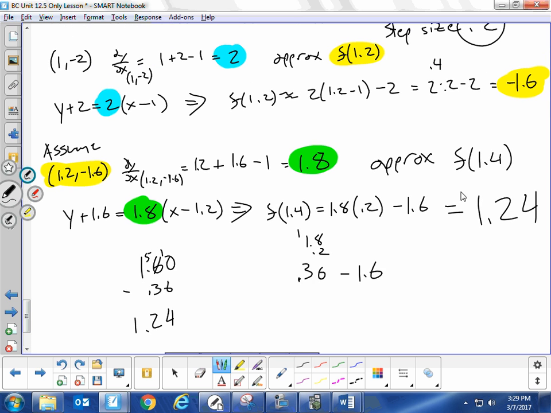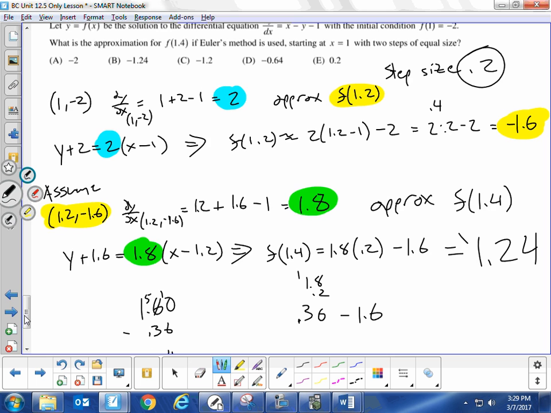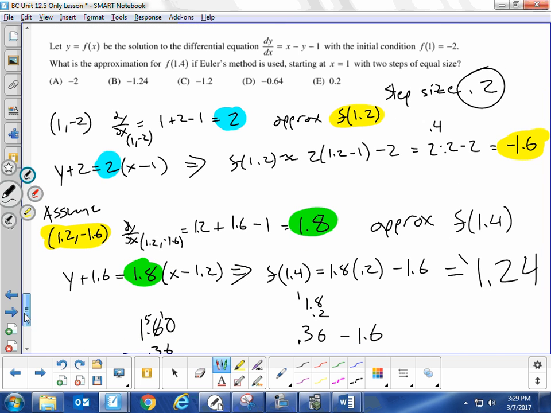But it's negative because it's 0.36 minus 1.6. And I look up and hope and pray and see my answer. Whoa, look at that. Yellow and pink turns to red.